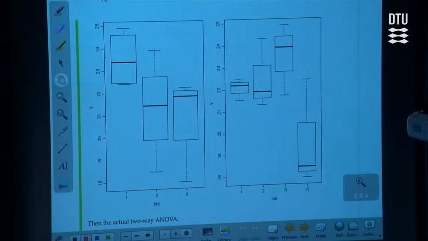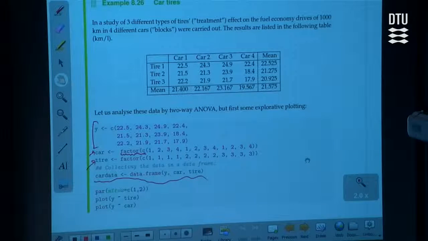Seems like tire 1 is at the top. Tire 2 and 3 lower, more or less the same. What about the cars? Well, definitely car 4 seems to be different from the other cars. Should we just remember what the numbers really are? How much were we told here?